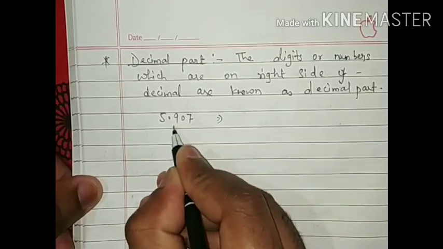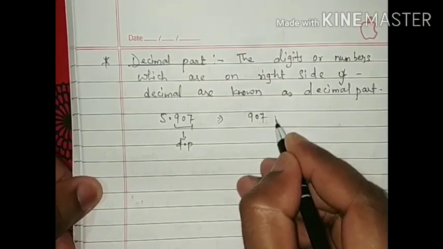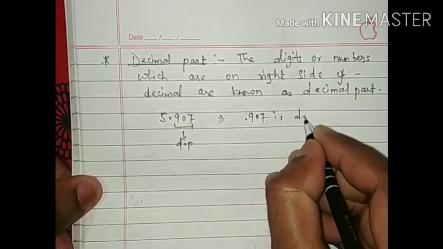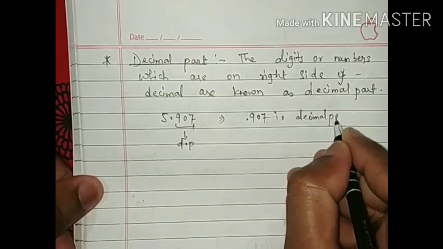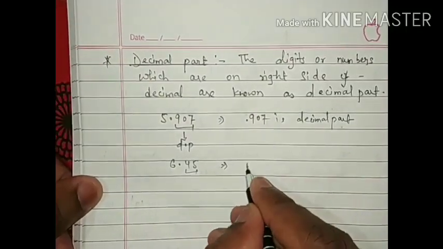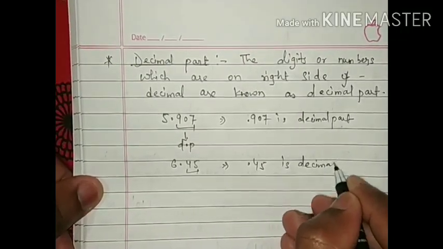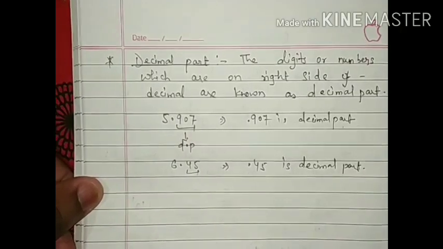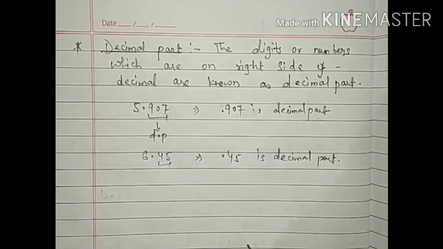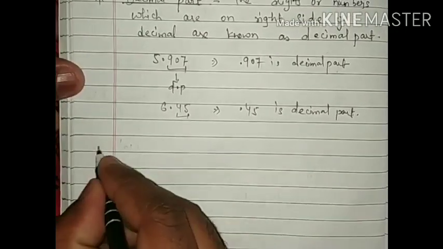For example, 5.907, here 907, that is 0.907, is the decimal part. 6.45, here 45, that is 0.45, is the decimal part. I hope it is clear to everyone. Let's move further.